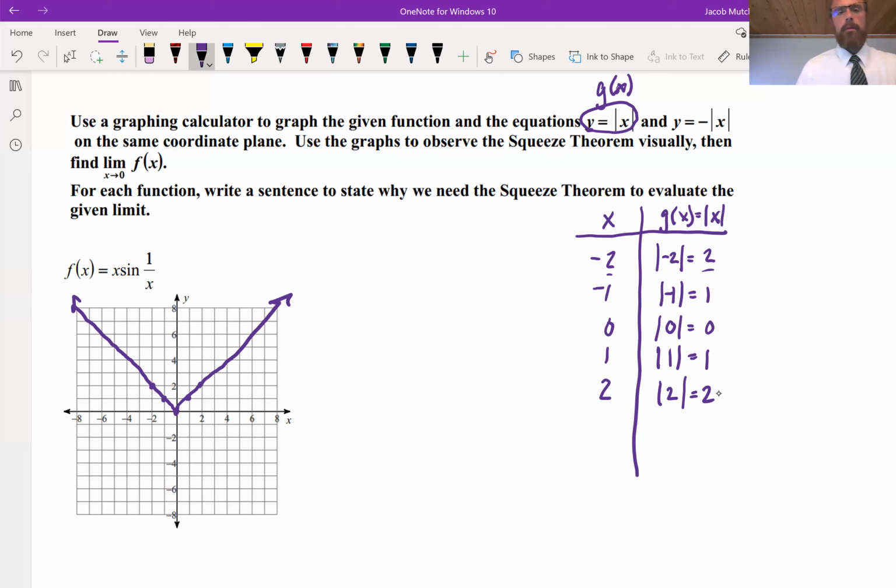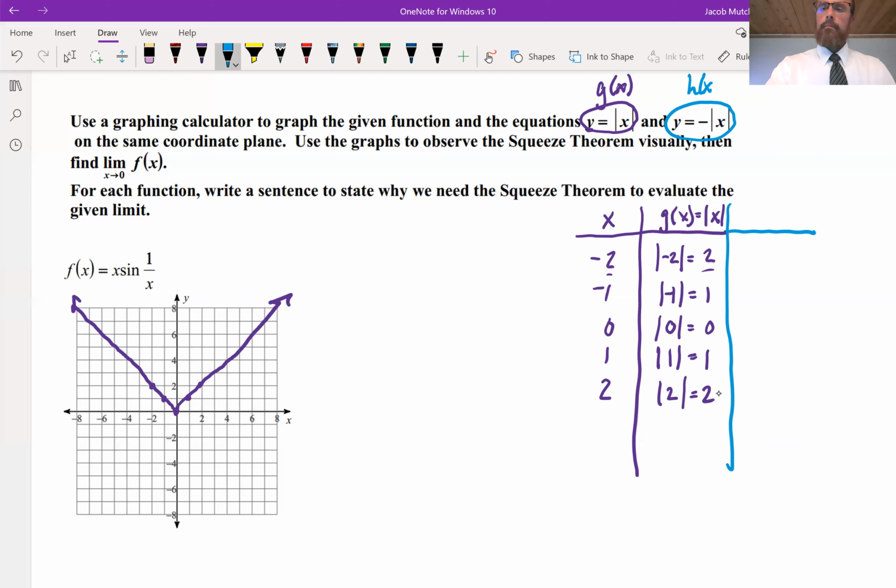Ooh, better. Let's also graph this y equals negative absolute value of x. So that's going to just tack on here as a third column. We'll call that one our h of x. And h of x equals negative absolute value of x. So basically what it's doing is it's giving the output where all these y values bump out of the absolute value positive, but then this negative on the outside turns them negative.